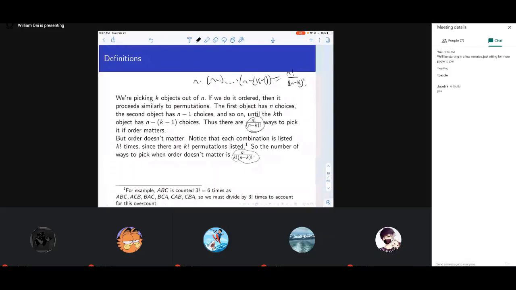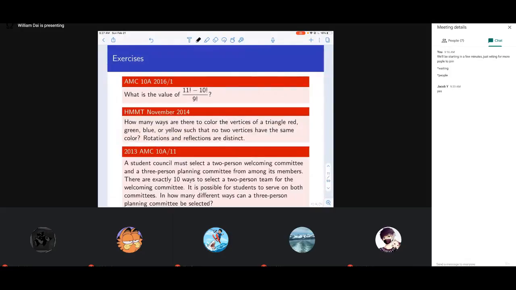Okay. So here's some exercises. I'll wait a couple of minutes to allow you guys to solve them by yourselves.